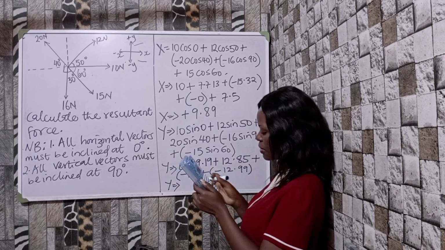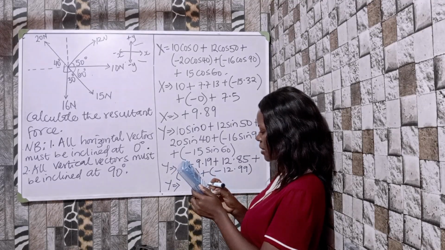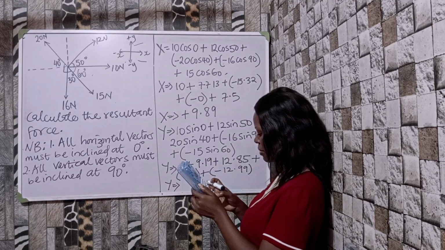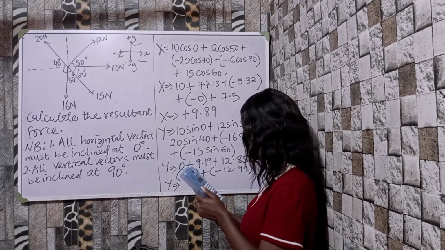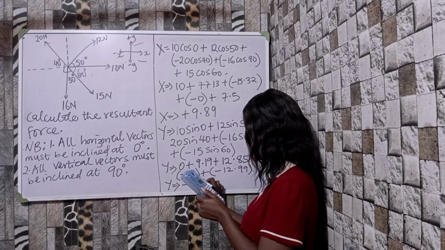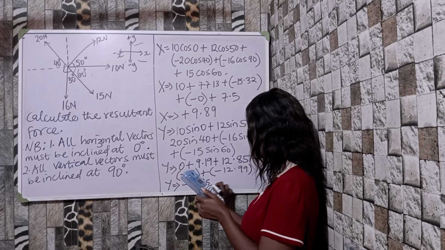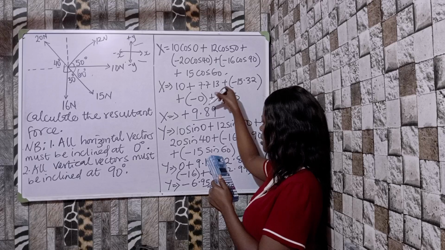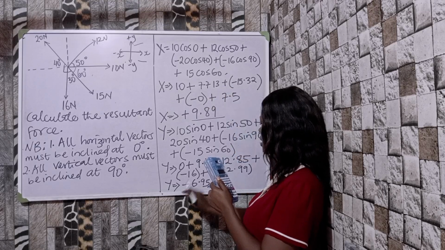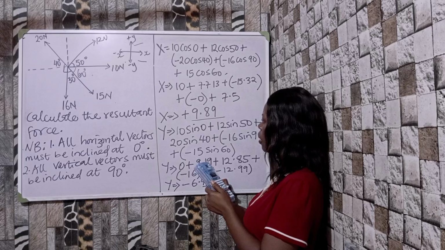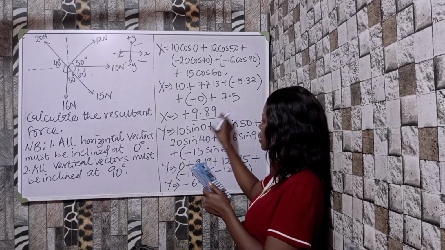I will say minus 16, plus times minus is minus. I will also say minus 12.99. So it's going to give me minus 6.95. So we have gotten the horizontal component to be plus 9.89, then the vertical component to be minus 6.95. Alright, so now we have gotten them.